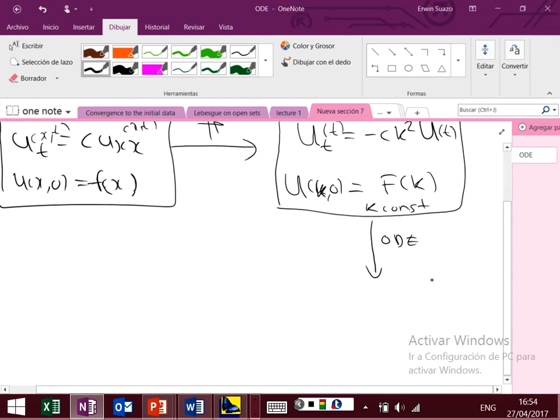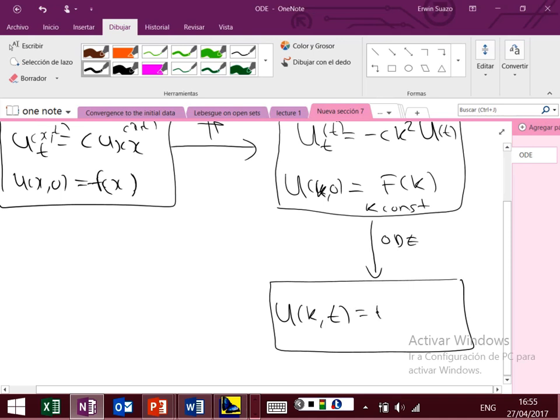If you solve it, it's just U(k,t) equals f(k) e to the minus c k squared t. This is just a constant, this depends on the t variable, and this is a constant. So what is the Fourier transform doing?